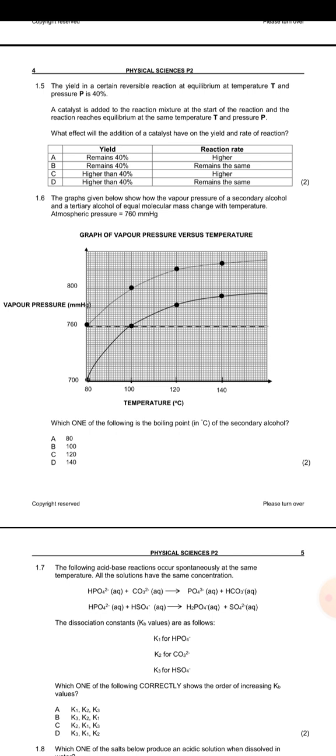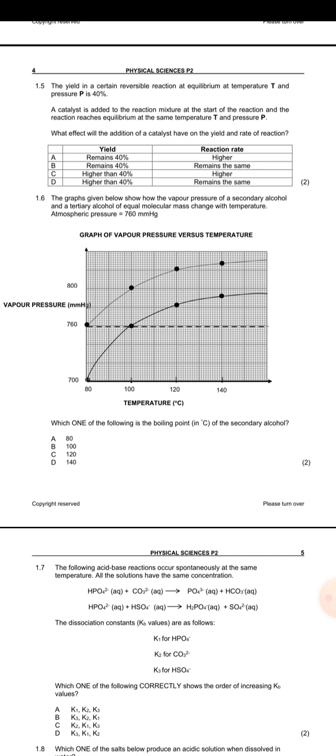So now our debate is it A or is it B? Now that depends on our knowledge of intermolecular forces. Intermolecular force wise, we know that secondary alcohols tend to be longer. They have a longer chain length compared to tertiary alcohols. Tertiary alcohols are more compact, they have less surface area compared to secondary alcohols.